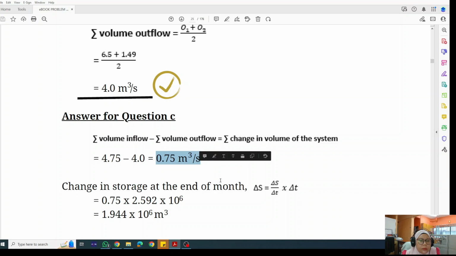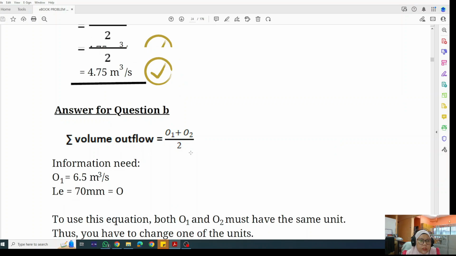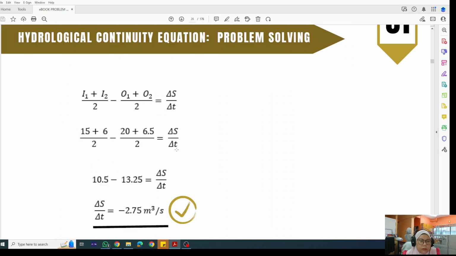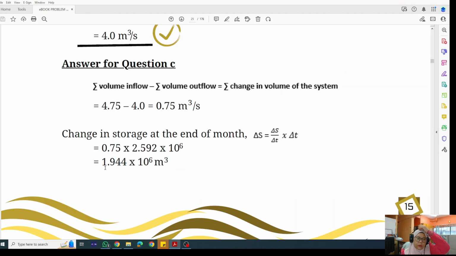So just use the value we obtained just now, which is 2.592 times 10 to the power of 6 second. Okay, so you will get 1.944 times 10 to the power of 6 meter cube. So this is your delta S value.